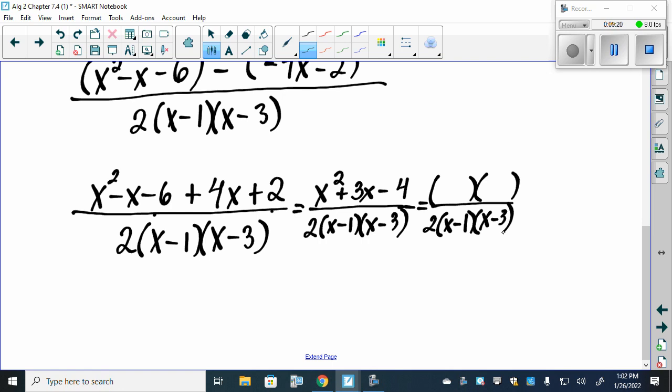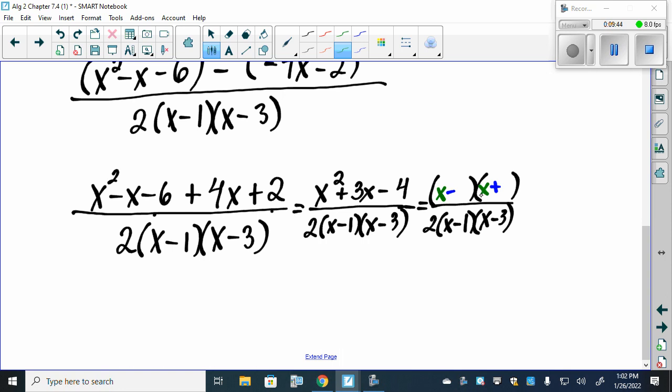So we look at x squared plus 3x minus 4. Well, since the 4 is negative, our signs are going to be opposite. One is going to be negative and one is going to be positive. Now the factors of x squared are x and x, and the factors of 4 are 1 and 4 or 2 and 2.